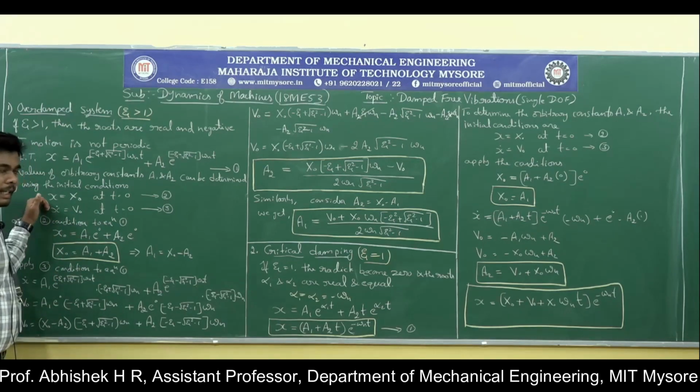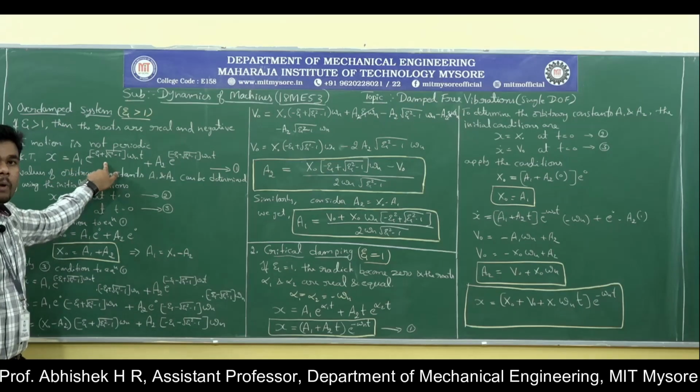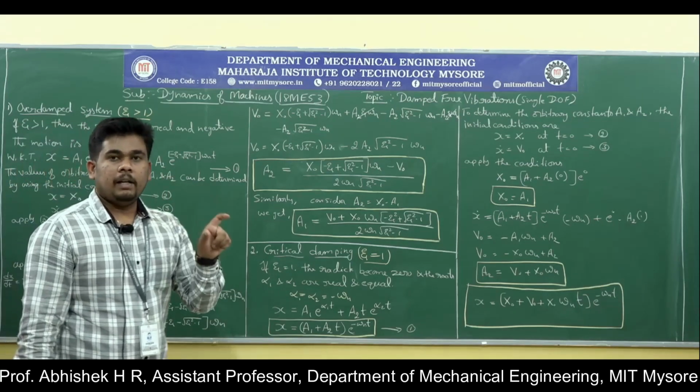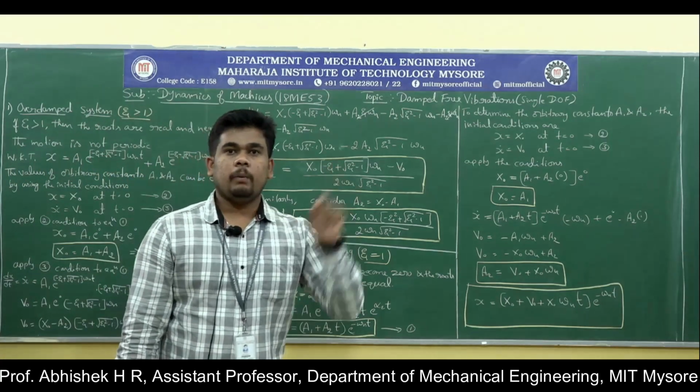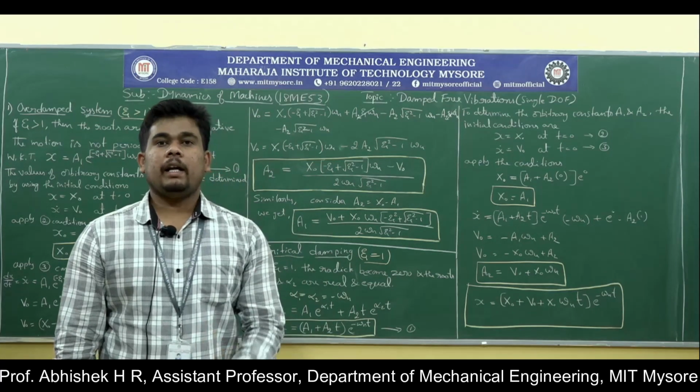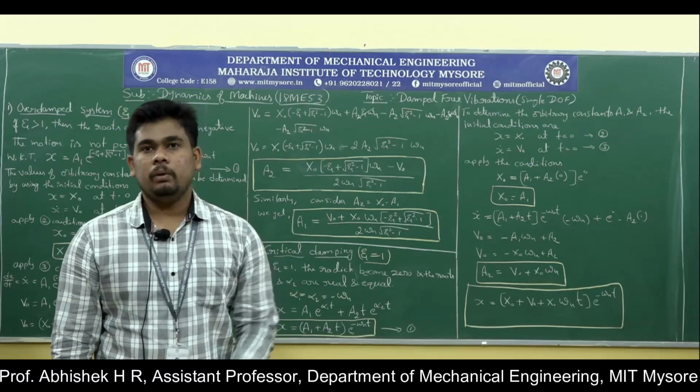If the system is displaced by a certain distance, at that situation we have considered these initial conditions. Now I will apply those initial conditions in equation number 1 so that I can find the a1 and a2 expressions.